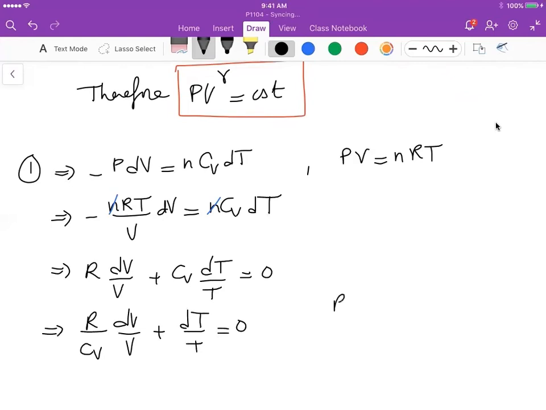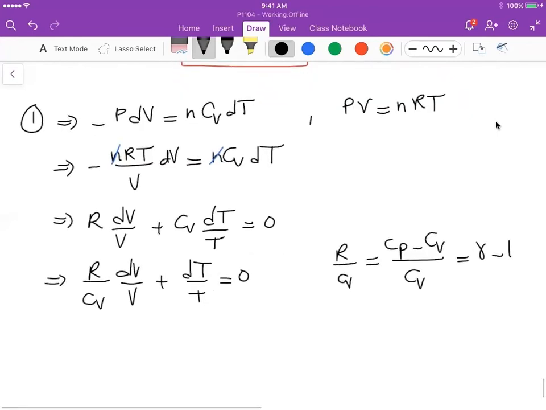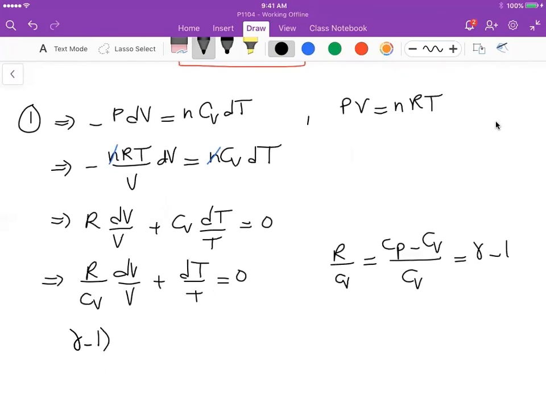Now, on the side, R over C_V: R is actually C_P minus C_V, all divided by C_V, so it is gamma minus 1. So we end up with (gamma minus 1) dV over V plus dT over T equal to 0.